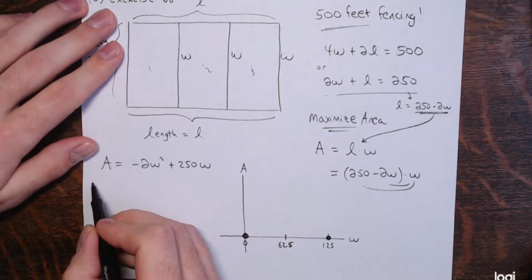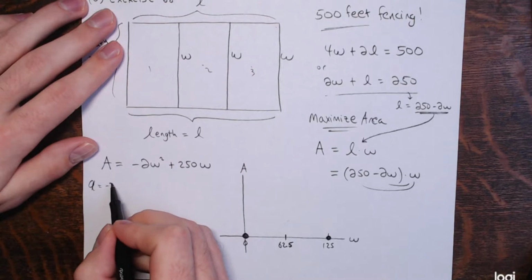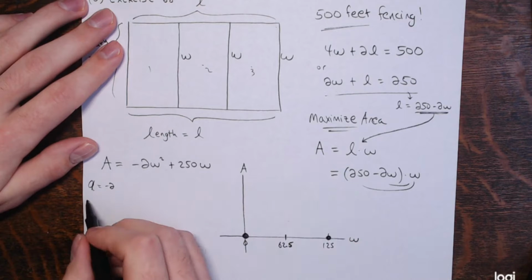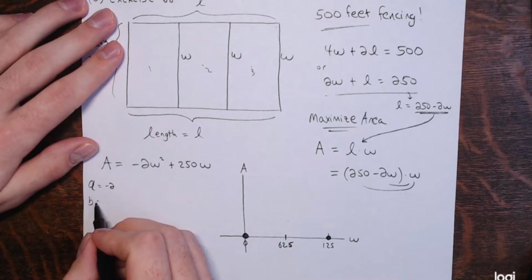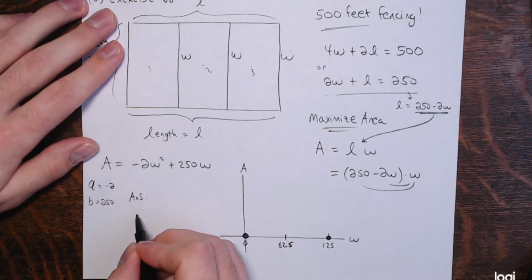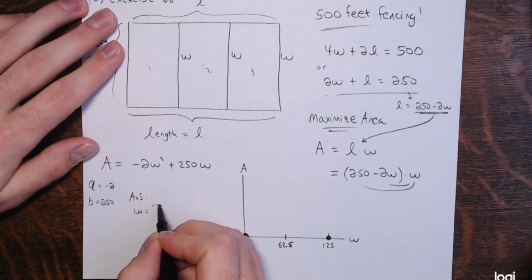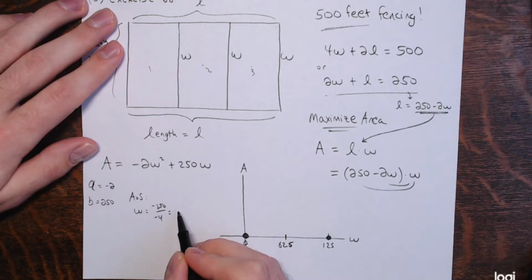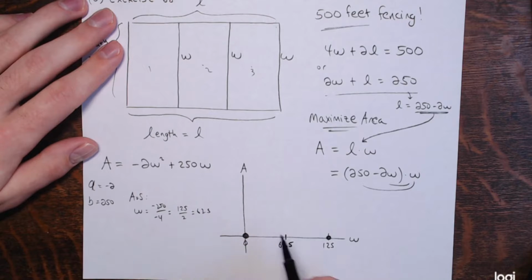Let's see, little a equals negative 2, so it's going to be a parabola opening down, with a maximum value. Little b is 250. The axis of symmetry would be at W equals negative 250 divided by negative 4, which reduces to 125 divided by 2, which is, like I said, 62.5.